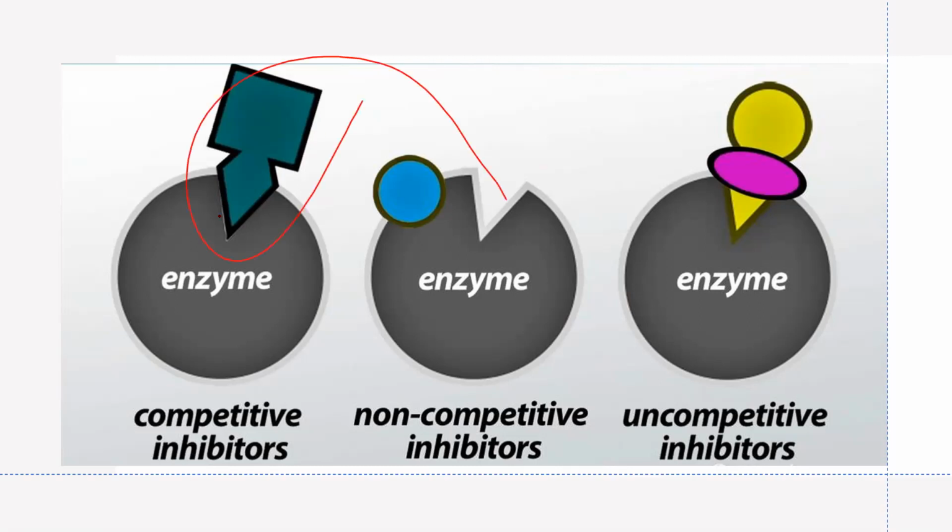Instead, the substrate specific for this enzyme will bind to the active site to form the ES complex, but there is a nuisance there. It competes with the substrate for the active site. It takes what is not for it.